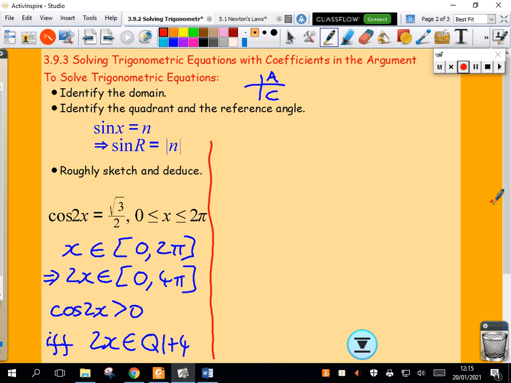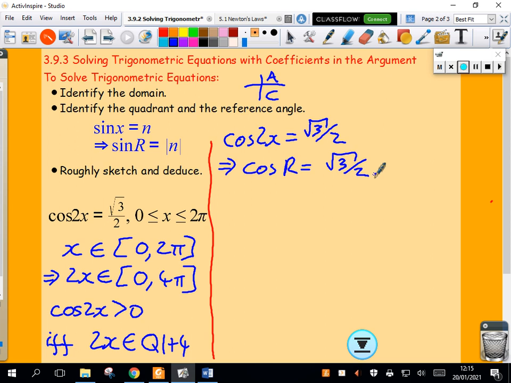The next thing I'm going to identify is the reference angle. So cosine of 2x is root 3 over 2, which means that cosine of the reference angle is the absolute value of root 3 over 2, which is also just root 3 over 2.